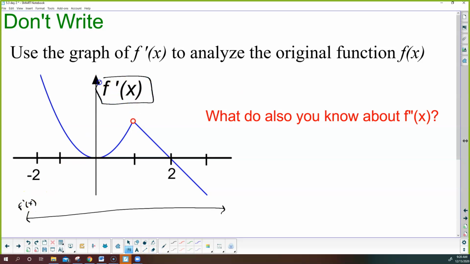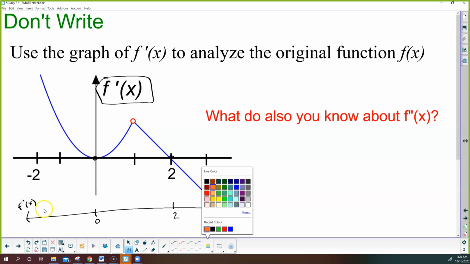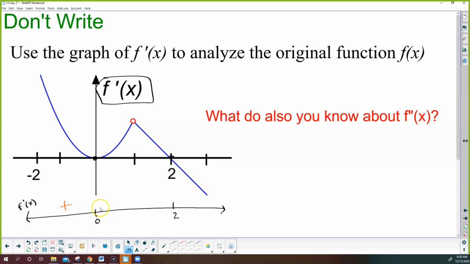Now, this is the graph of the derivative. So I'm going to label the spots where the derivative is equal to 0 right here. All right, and then what do we know? The derivative is above the x-axis, so it's a positive slope from -2 to, now here we have to be careful. This is kind of interesting.